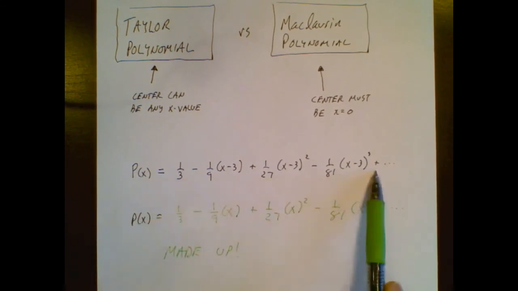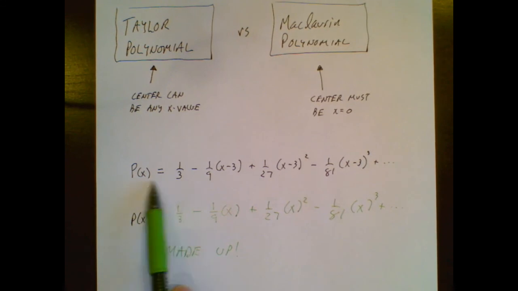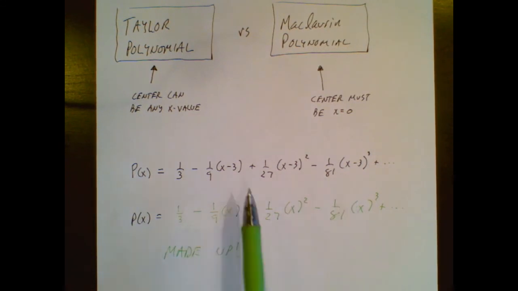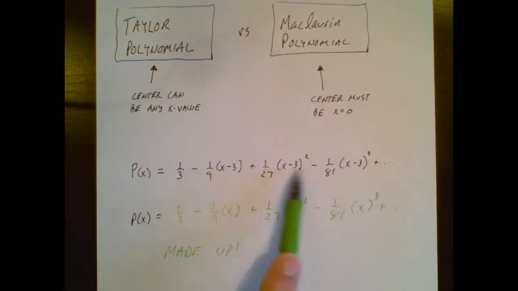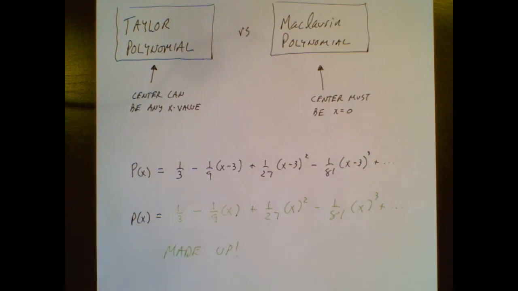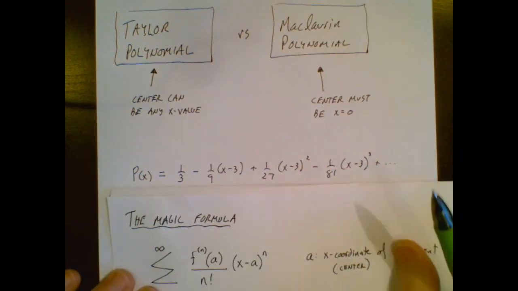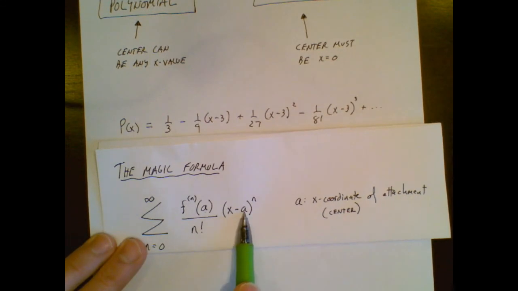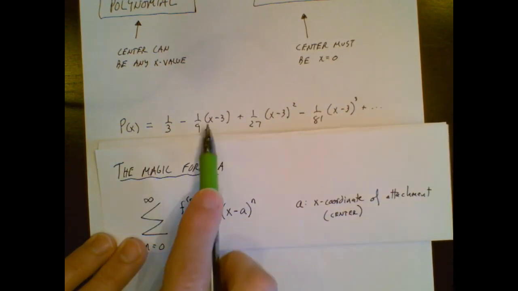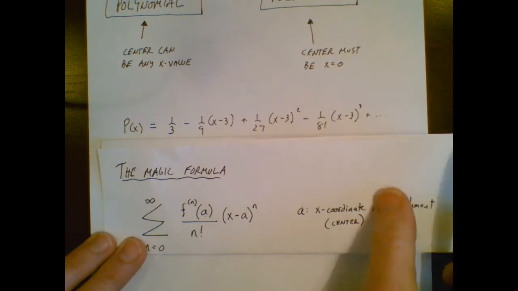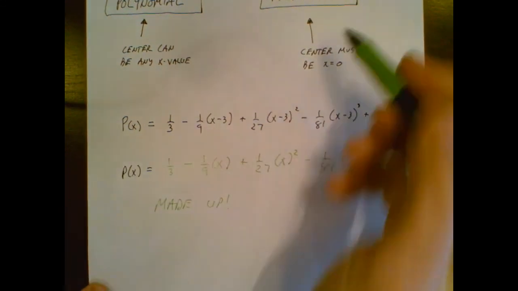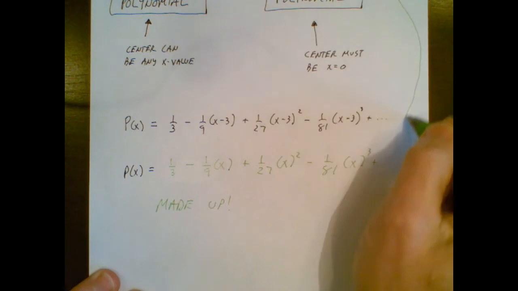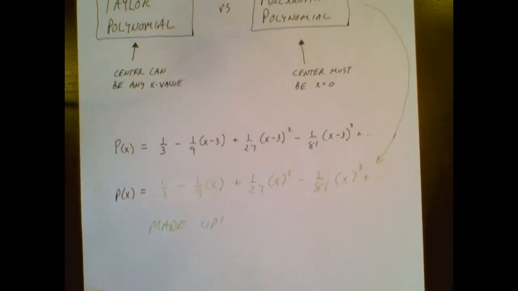Here's the Taylor polynomial approximation that we just did, and it's centered at x equals 3. You can tell that by looking at this, and what you're really referring to is this part of the magic formula, which says x minus center, x minus center. A Maclaurin polynomial might look like this, and keep in mind I just made this up.